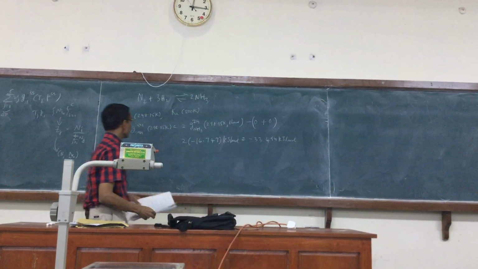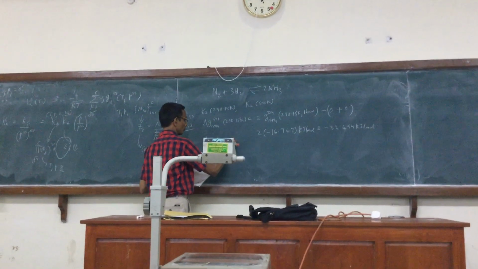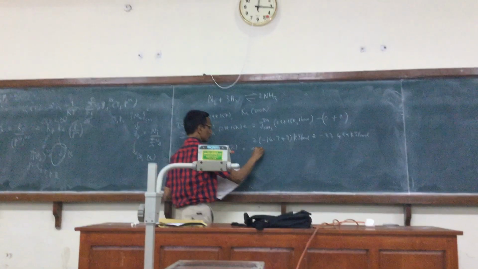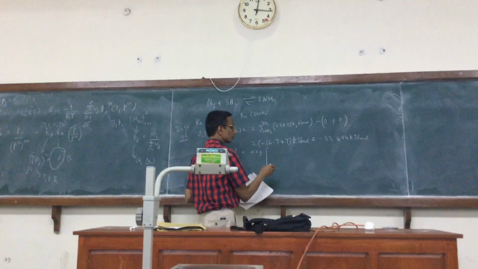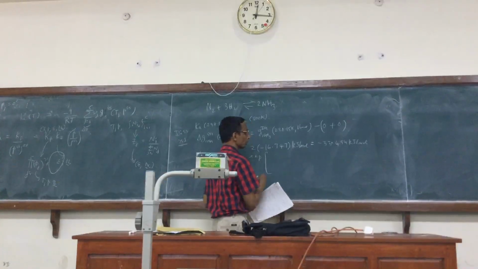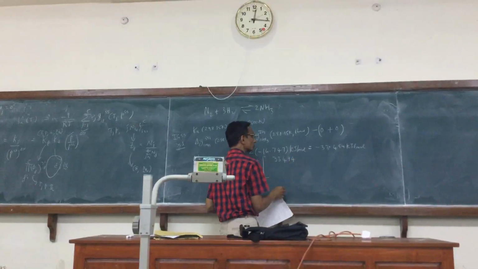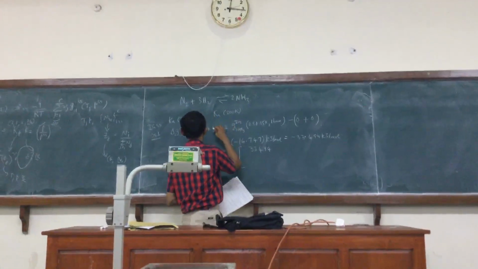Now an easy way to calculate: from this I can calculate Ka at 298.15 as exponential of minus this. You have to be very careful about the sign and express everything in joule per mole. That will be 33,494, with the minus sign taken into account.